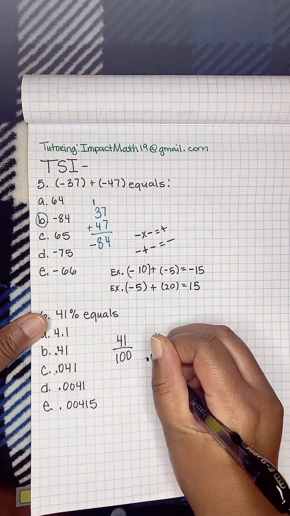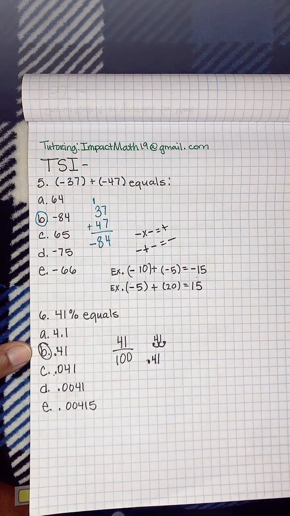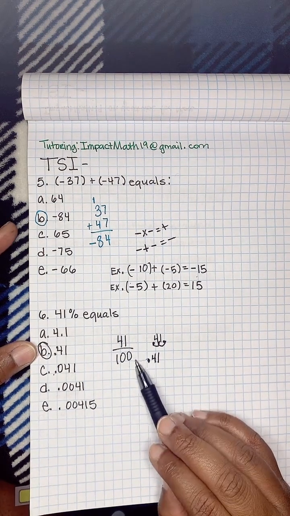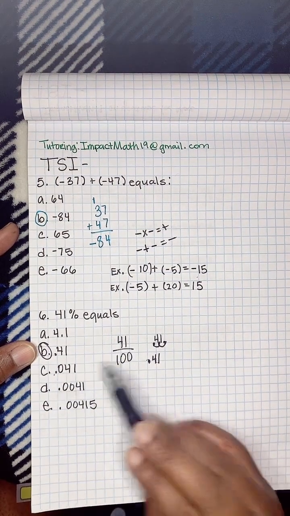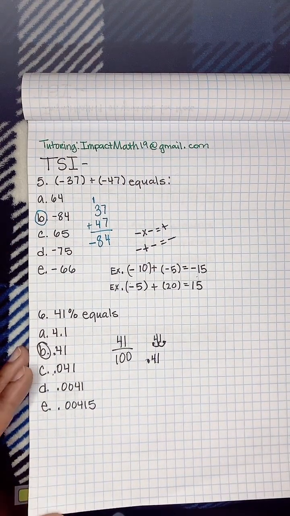So it's going to be 0.41, and B is our answer. Yes, equivalent to the amount of zeros. Beautiful, because there's two zeros. Exactly. Be careful, we didn't have divided by 1,000, so we can't move it over three times because we only have two zeros.